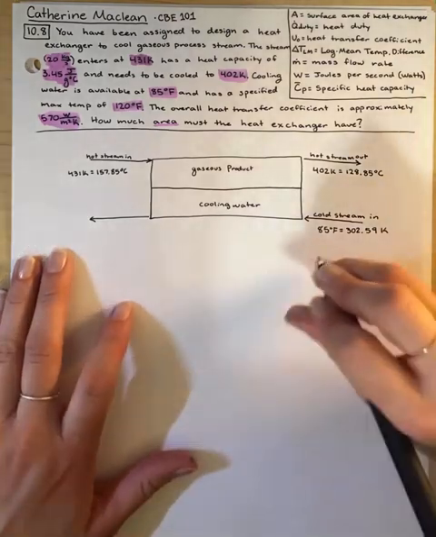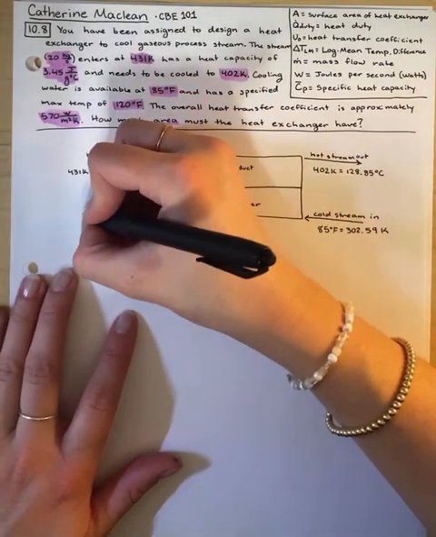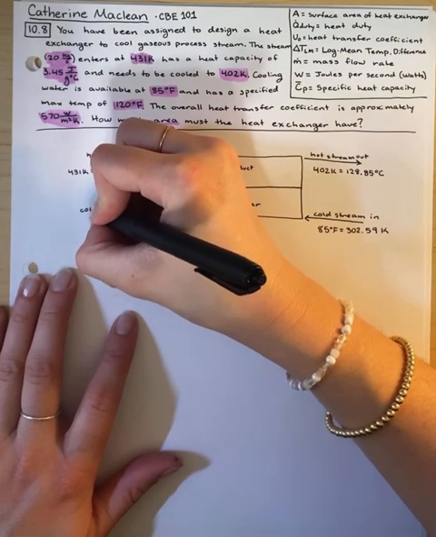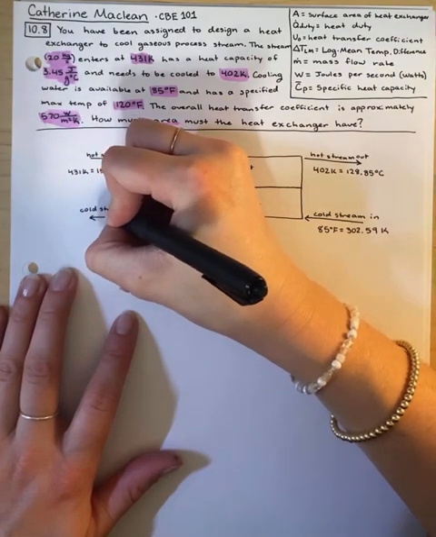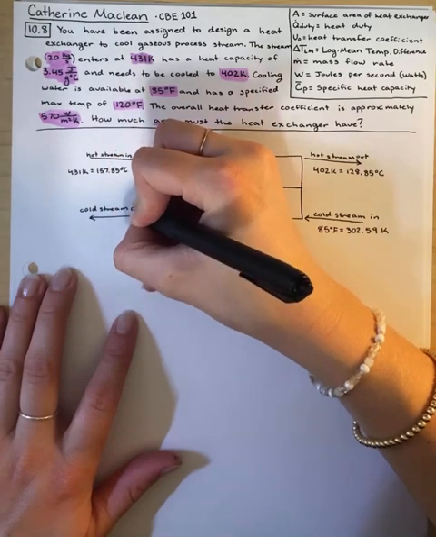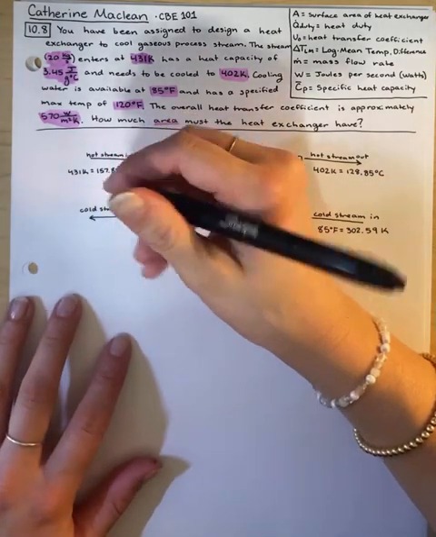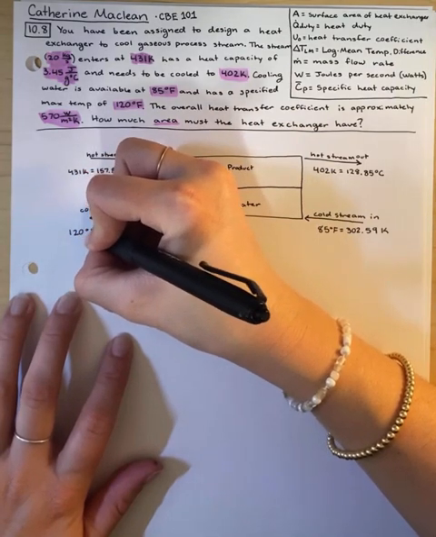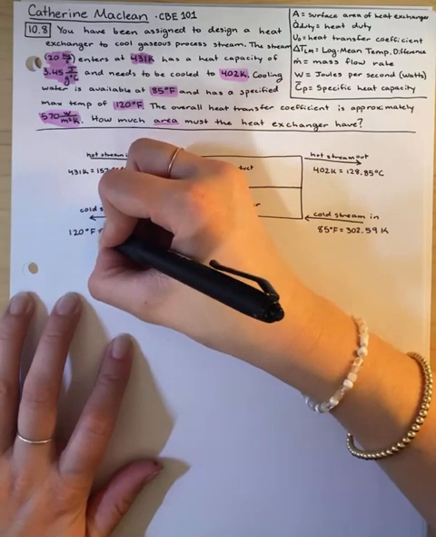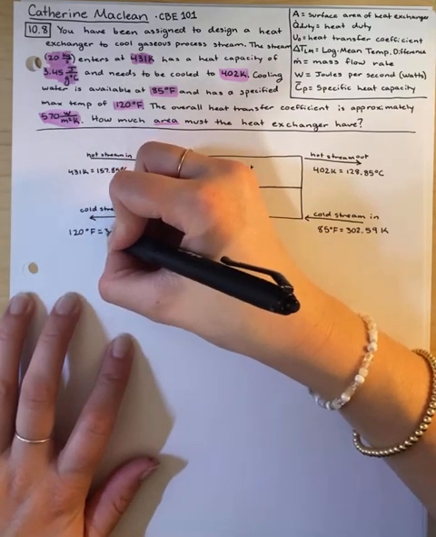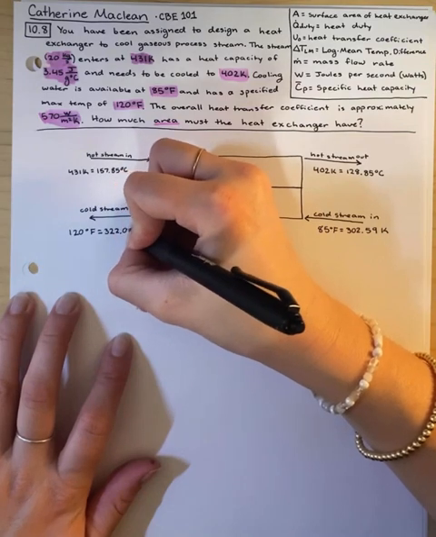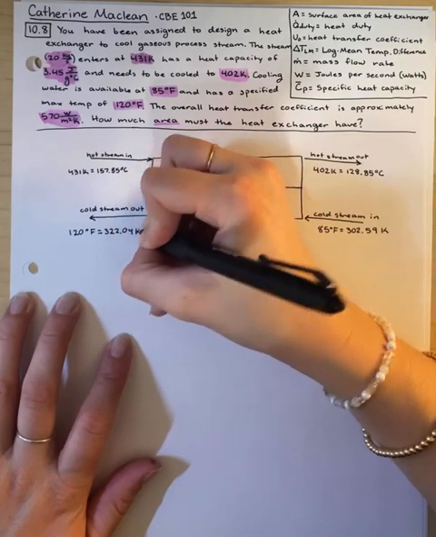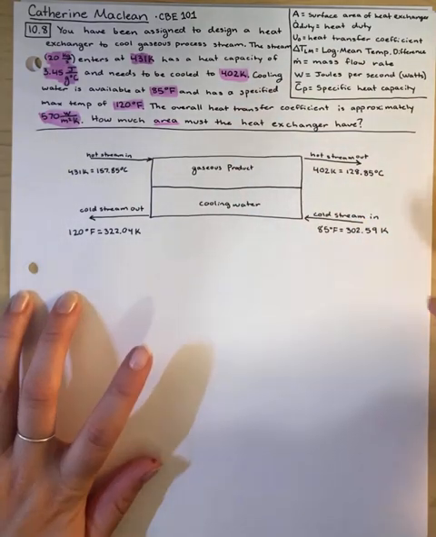Again, the conversions are helpful later on. And this is where our cold stream exits. The cold stream exits at a max temperature of 120 degrees Fahrenheit, as the problem stated. That's equal to 322.04 degrees Kelvin.